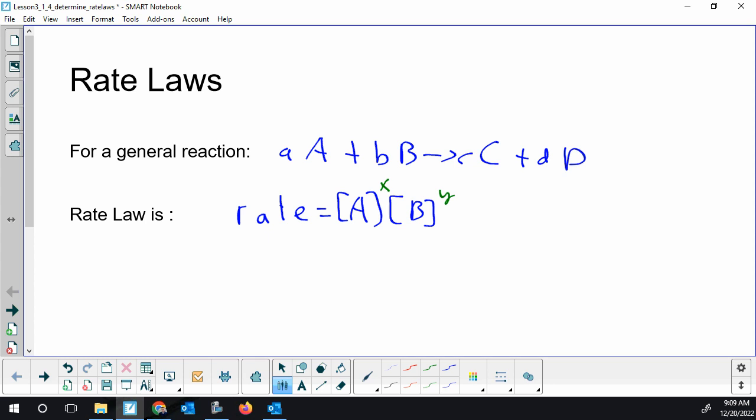In theory, one of the reactants could have a 0 power, which means you would drop it right out of the rate law. If B was 0 order, why would you write B to the power of 0? So you just write rate law equals k, which I forgot, times the concentration of A to whatever power it has.